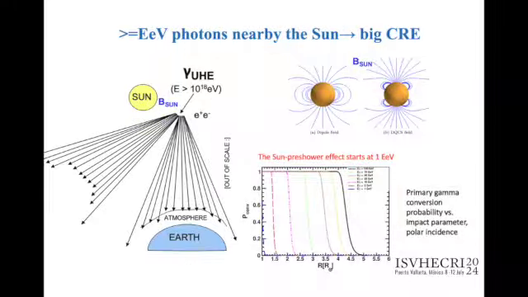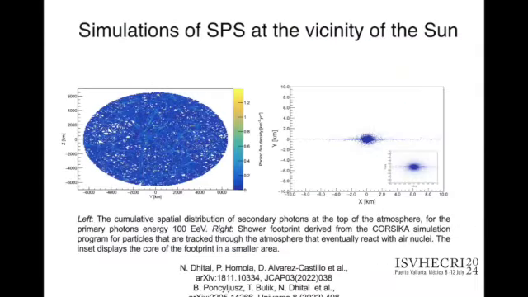We have used very simple approaches, considering that the magnetic field of the sun is a dipole or maybe just a quadrupole and things like that. But we found very interesting characteristics of this process. For instance, the footprints will be elongated and the core will have a rather elliptical shape, and this is one of the characteristics of this scenario.